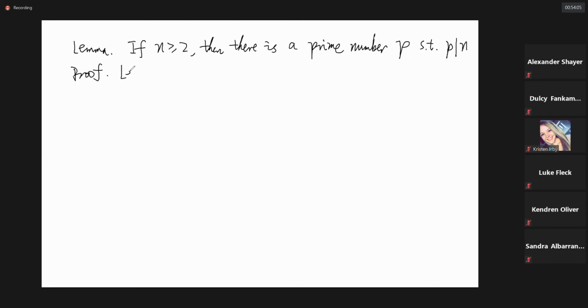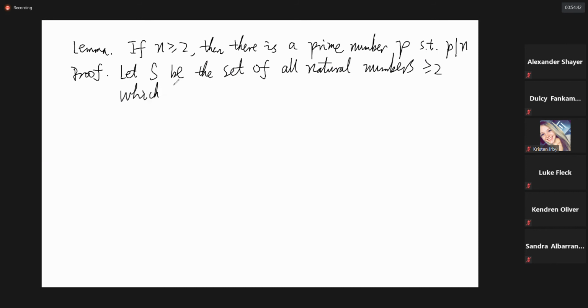So we'll let S be the set of natural numbers greater than or equal to 2 which has no prime divisor.